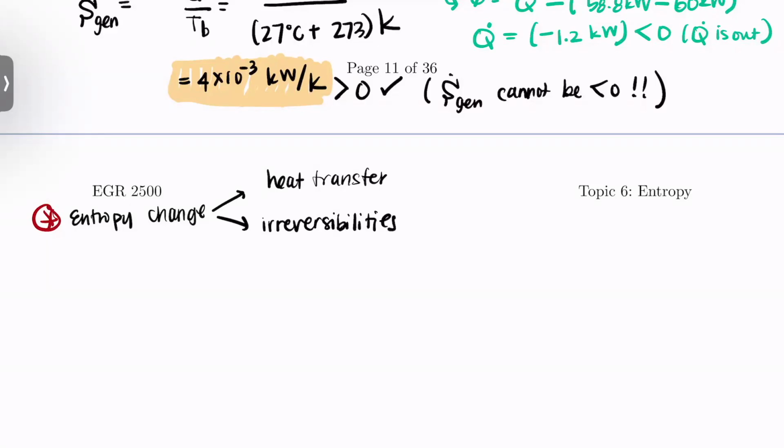Irreversibilities are always going to increase entropy. But heat transfer could increase or decrease entropy.